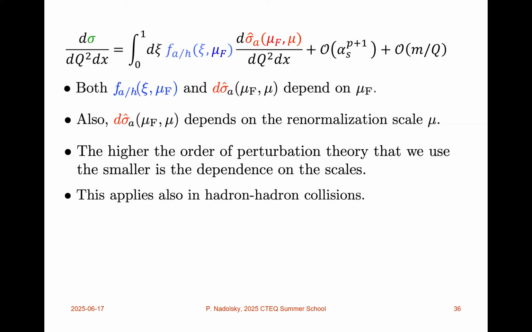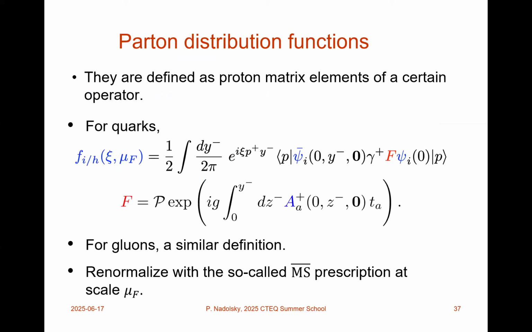Whenever we do a calculation, we need to account for both the virtual corrections and the real emission corrections. Therefore, the hard cross section will depend both on the renormalization scale and the factorization scale. You can assume them to be the same. Sometimes you assume them to be different, okay?